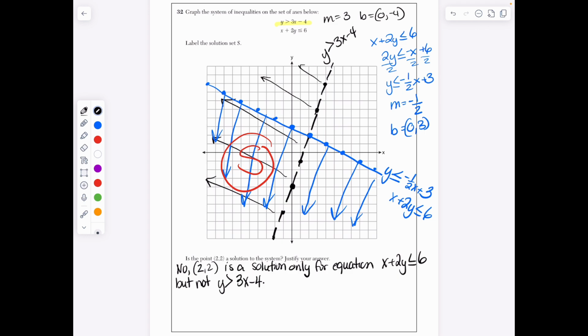You can substitute it into the equation y is greater than 3x minus 4, and 2 is not a solution.